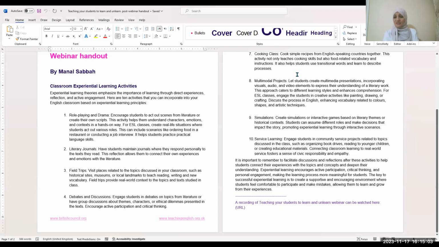There are cooking classes, for example, if you want to teach a process of how people can prepare things, or sometimes we teach writing, so the process of doing something. If you cook in the classroom, you want to teach them transitions: first, second, third, and so on. They will never forget such experiences. Service learning, volunteering. All these are activities that can be carried out in the classroom and outside the classroom.